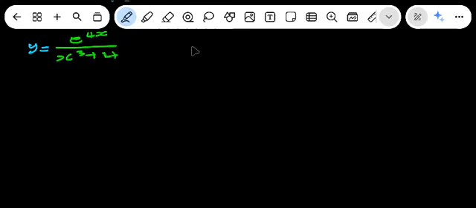So we'll have to use what we call the quotient rule formula.